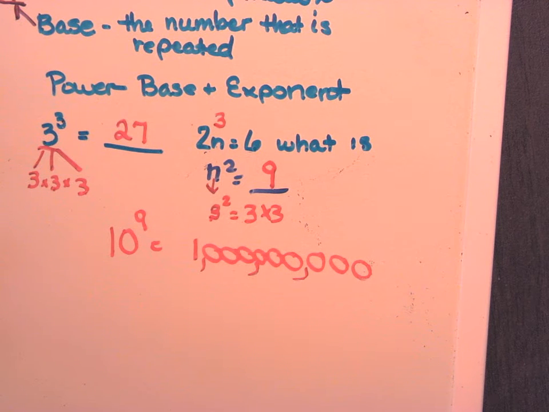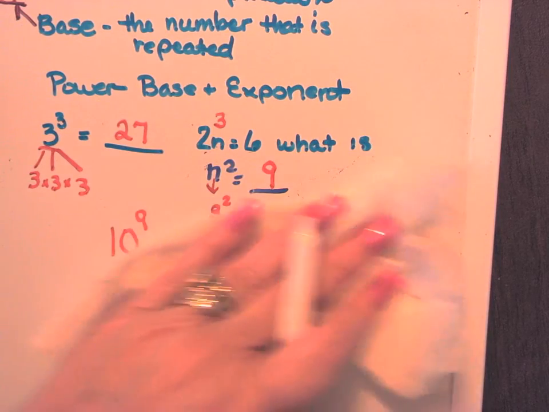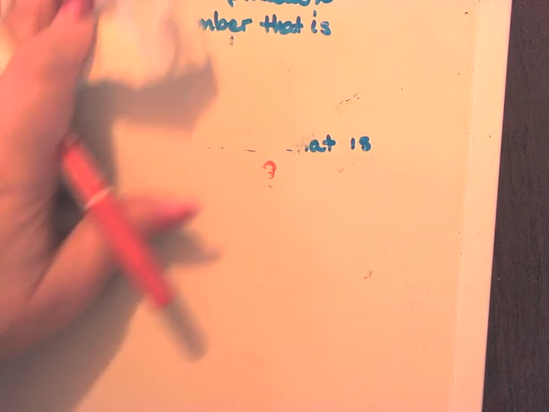All right. The idea of a square root. Now we talked about square roots last year, and we talked about square roots this year already too. When you think of a square root, basically what we want to think about is just that idea of a square.